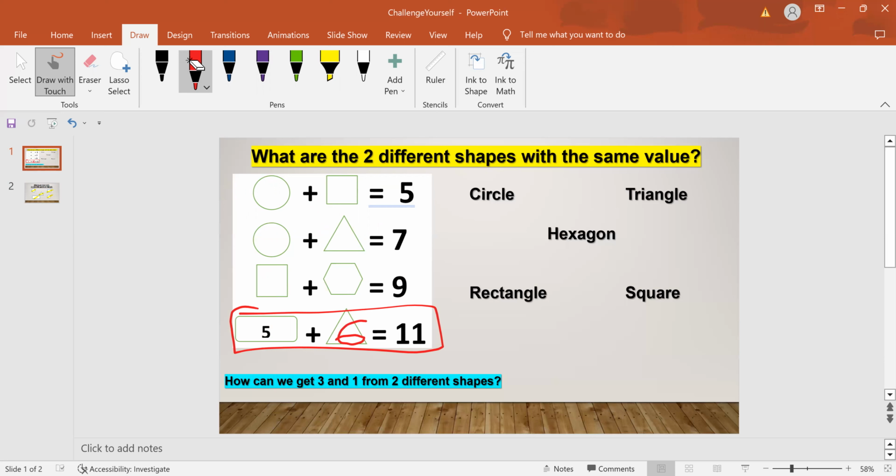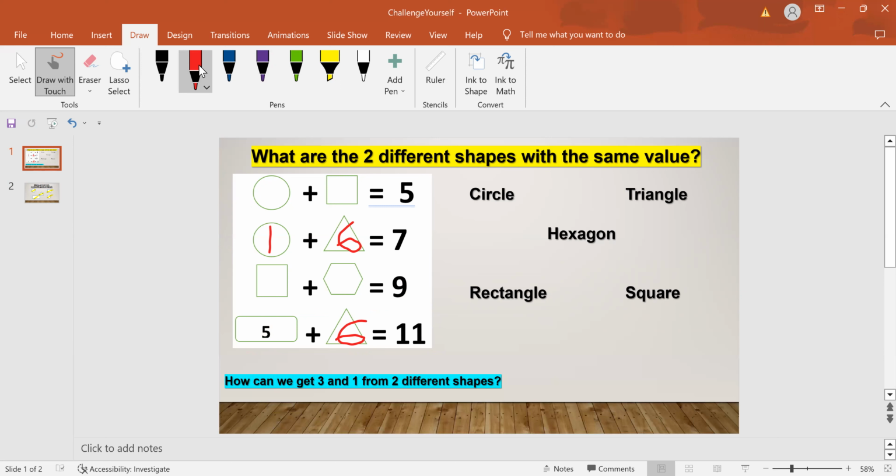So therefore, we know the answer for the triangle. Everywhere we see a triangle, we'll place 6 there. Okay, so we have a 6 for the triangle.